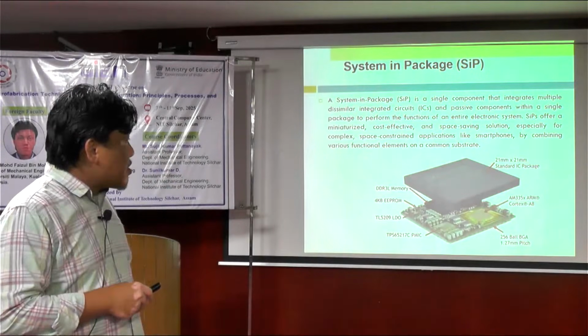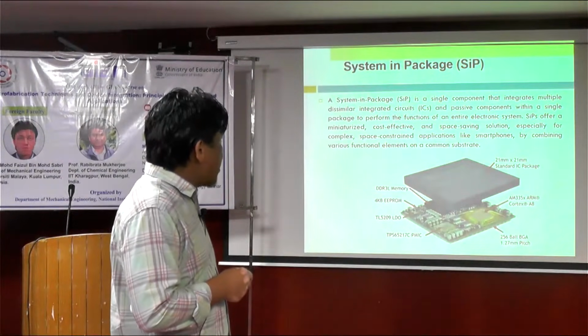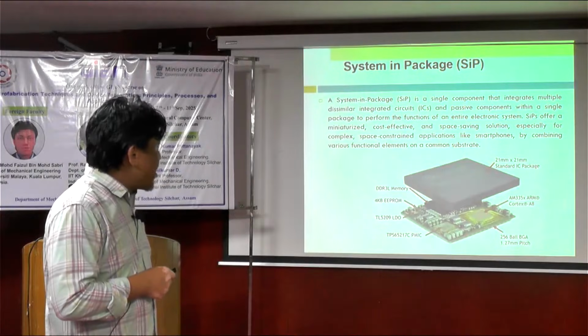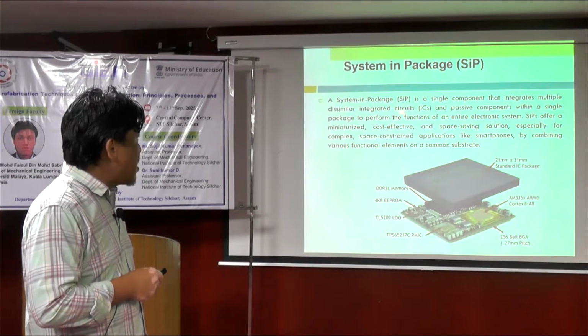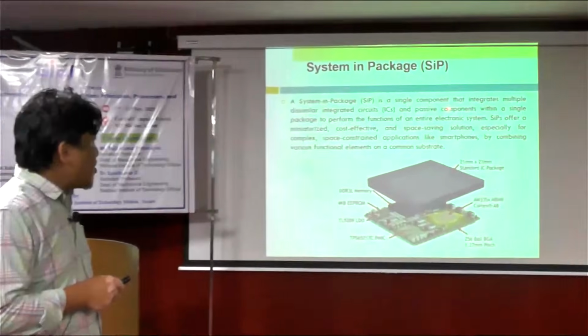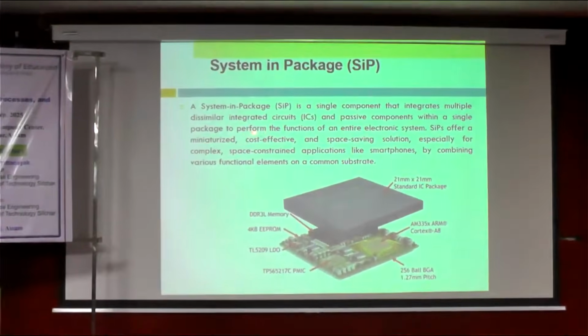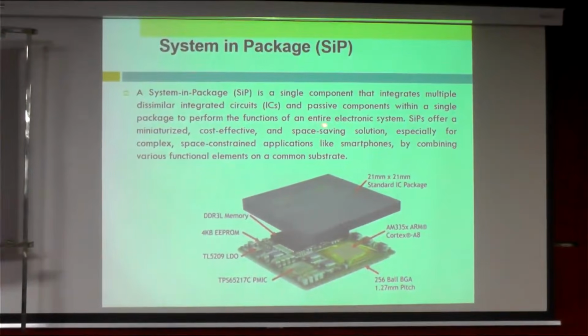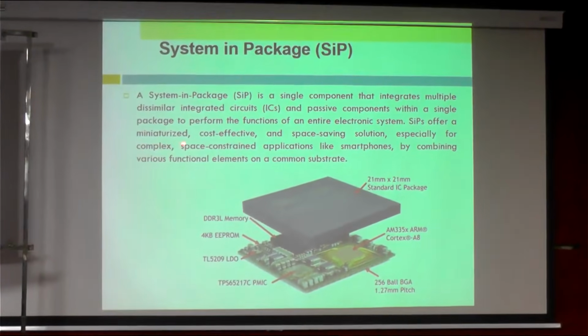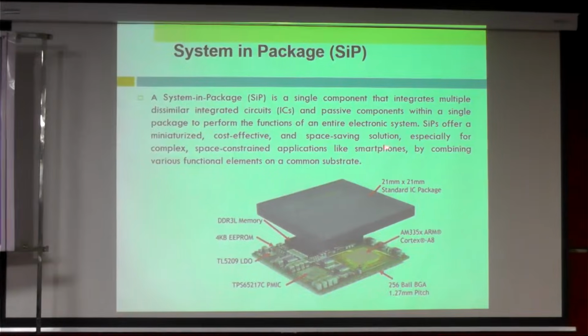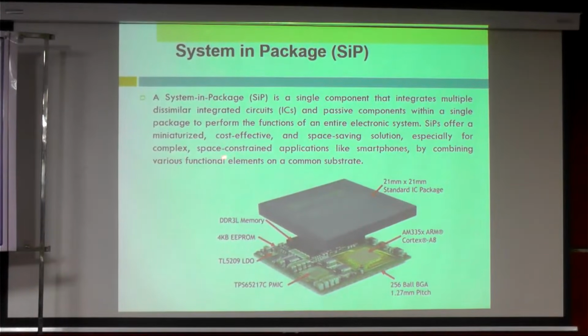So the next type is the system in package, SiP. A system in package, SiP, is a single component that integrates multiple dissimilar integrated circuits and passive components within a single package to perform the function of an entire electronic system. So SiP offers a miniaturized, cost-effective, and space-saving solution, especially for complex space-constrained applications like smartphones, by combining various functional elements on a common substrate.